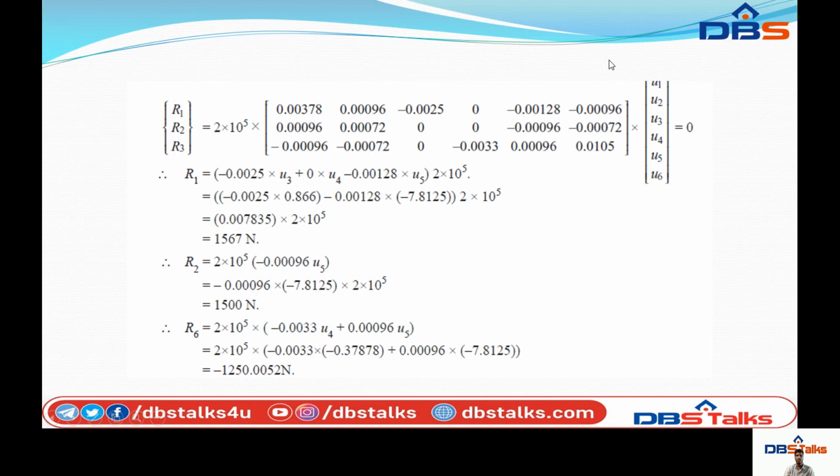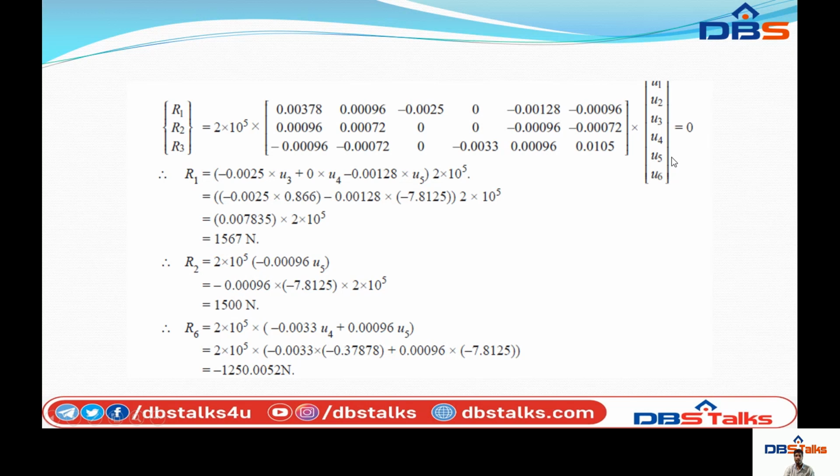I'm only taking the reaction forces which are acting on the nodes of element 1. At node 2, R2 equals 2 into 10 to the power of 5 times minus 0.00096 into U5. The reaction will be 1500 Newton. For R6, 2 into 10 to the power of 5 times minus 0.003 into U4 plus 0.00096 into U5.